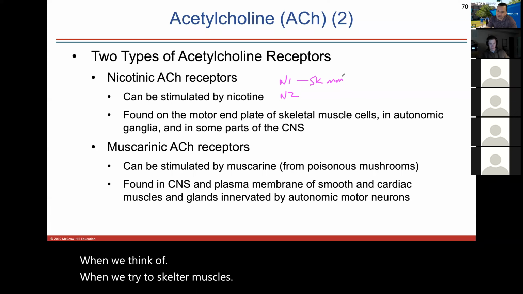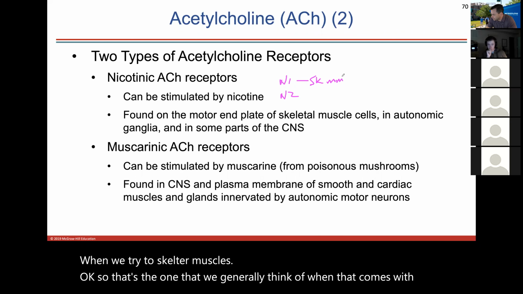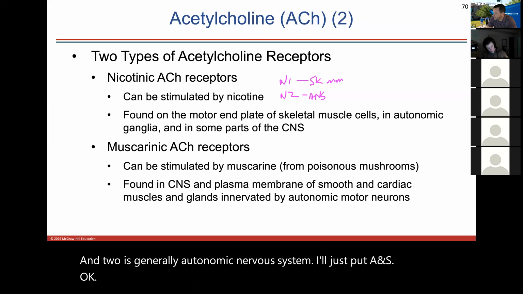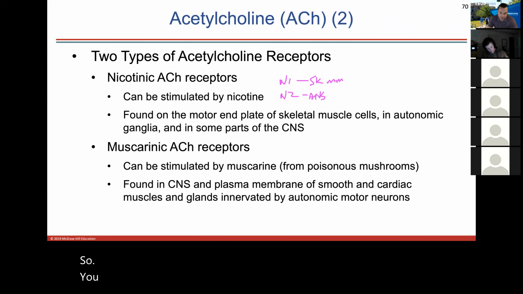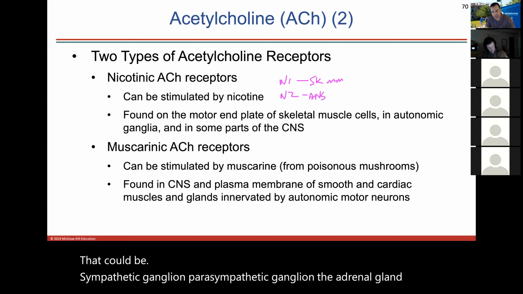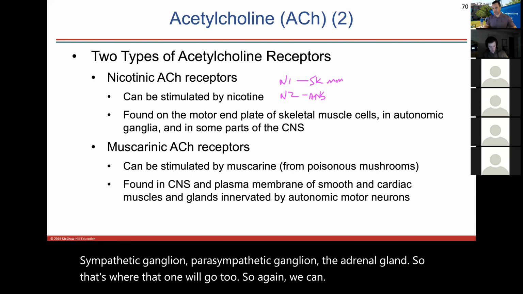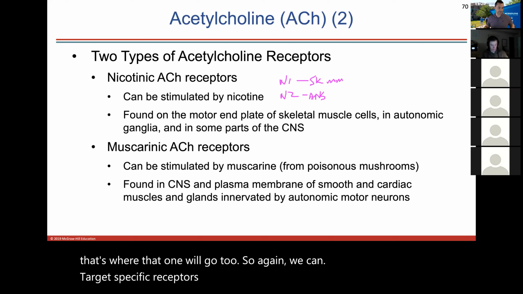So that's the one that we generally think of when it comes to that. N2 is generally the autonomic nervous system. I'll just put A and S. That could be sympathetic ganglion, parasympathetic ganglion, the adrenal gland. So that's where that one will go. So again, we can target specific receptors with medication.